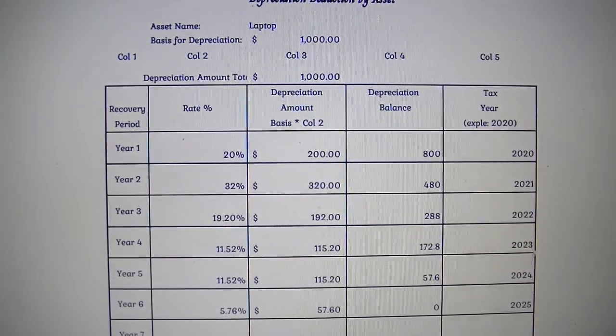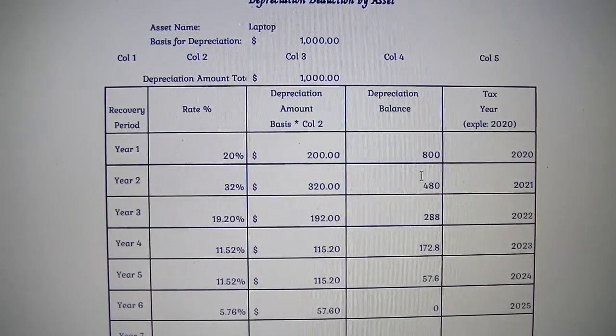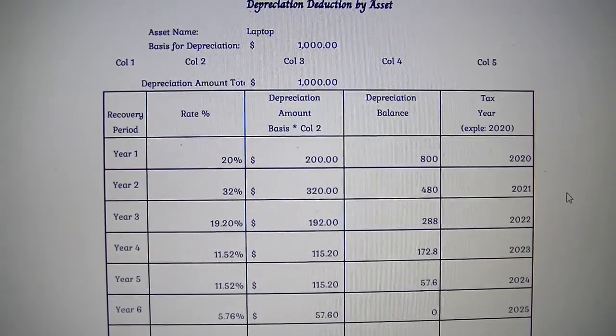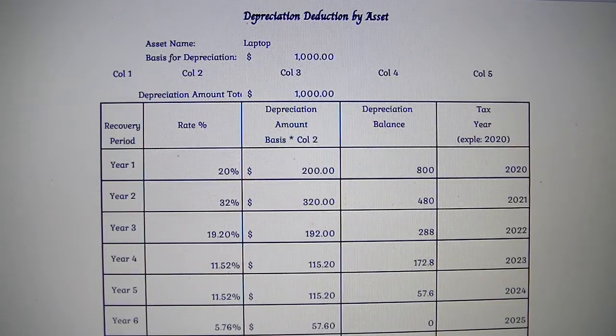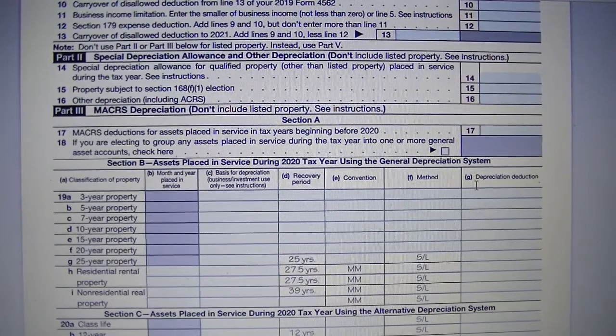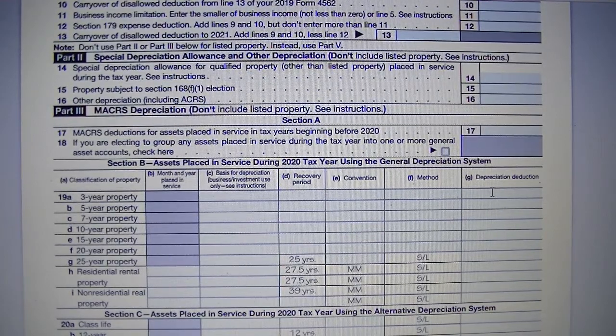So every year, you just look at the deduction for that particular asset and copy it to your draft for the depreciation deduction. That will go, and for the first year 2020, that depreciation deduction will go on line G if that's the only thing you put in service during the tax year 2020 for a 5-year property.